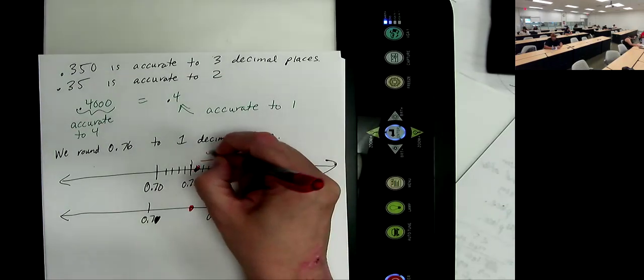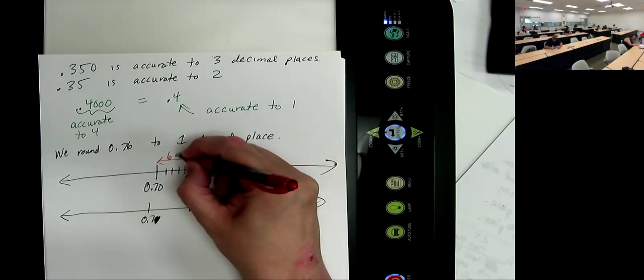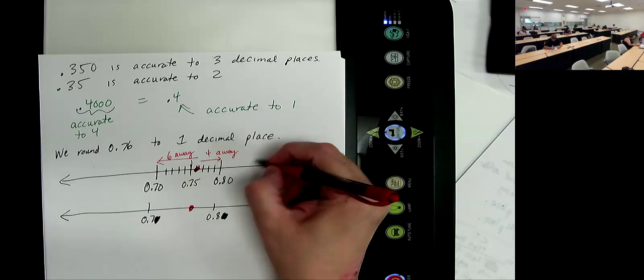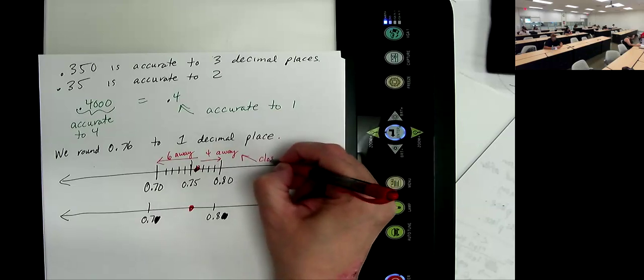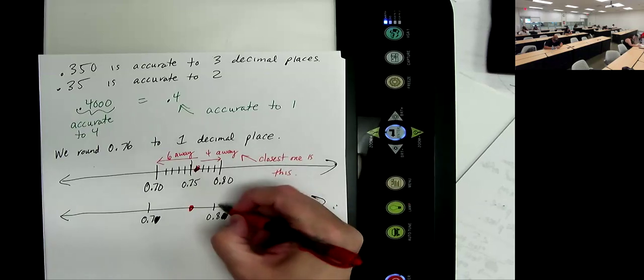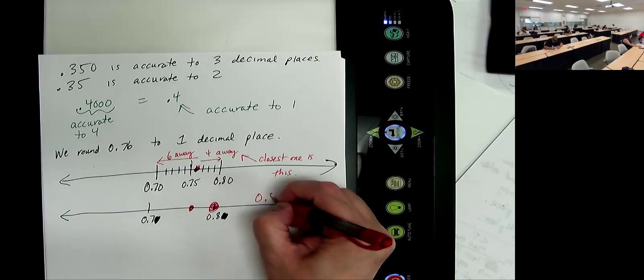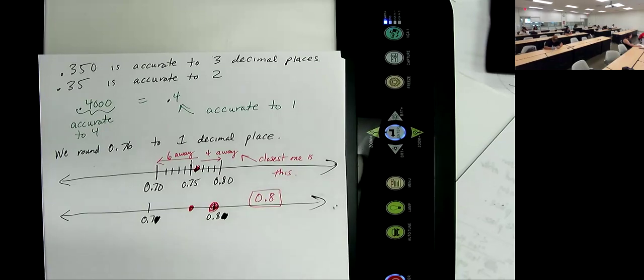That's 4 away. That's 6 away. The closest one is this one. So we round up to 0.8. That's graphically what's going on.